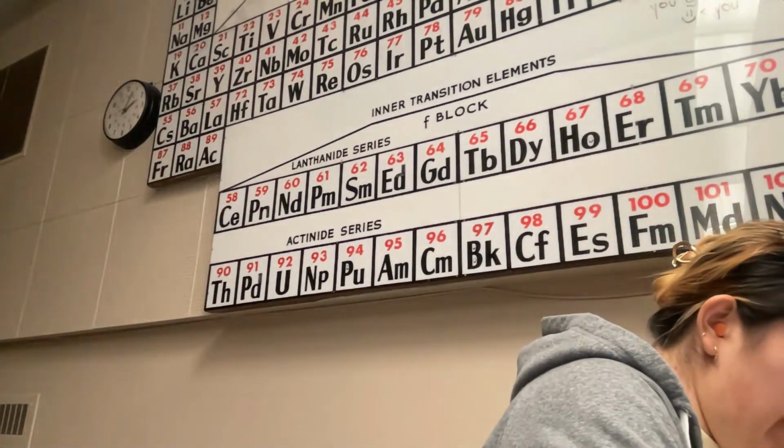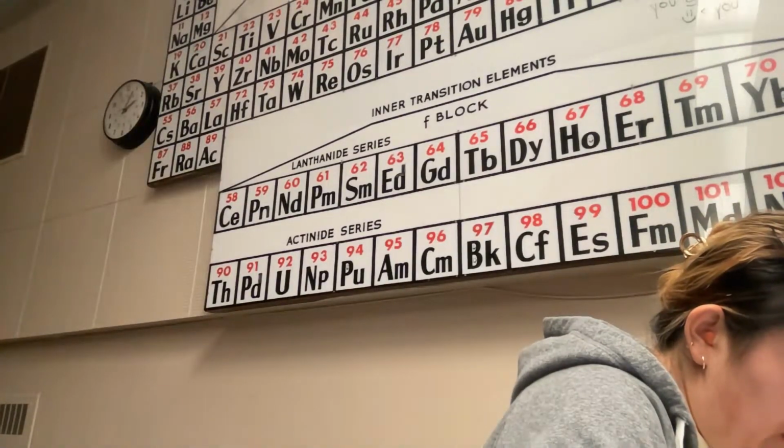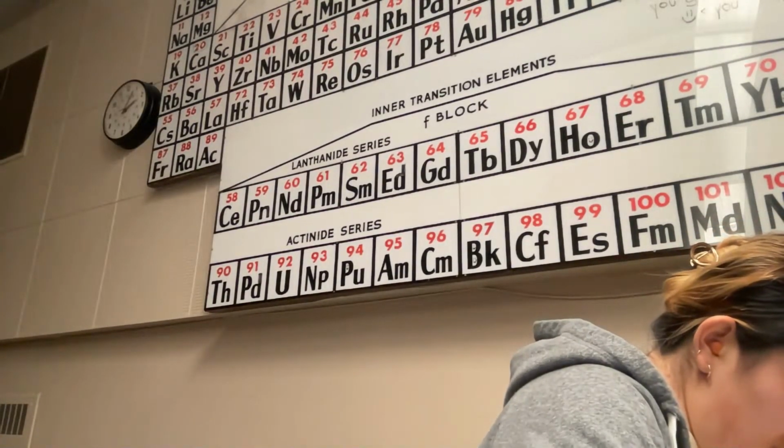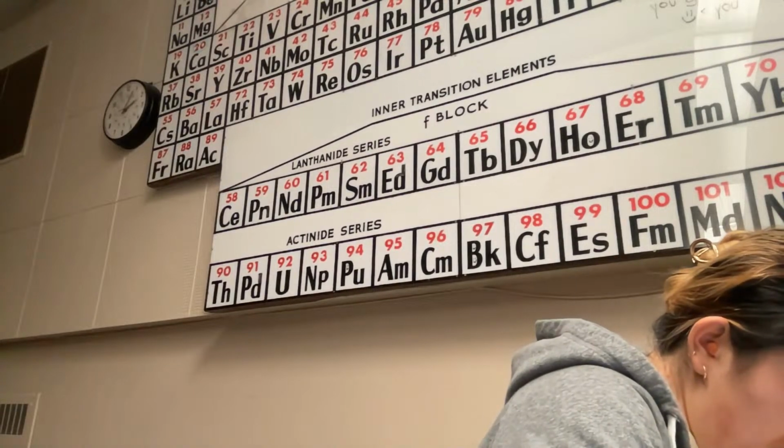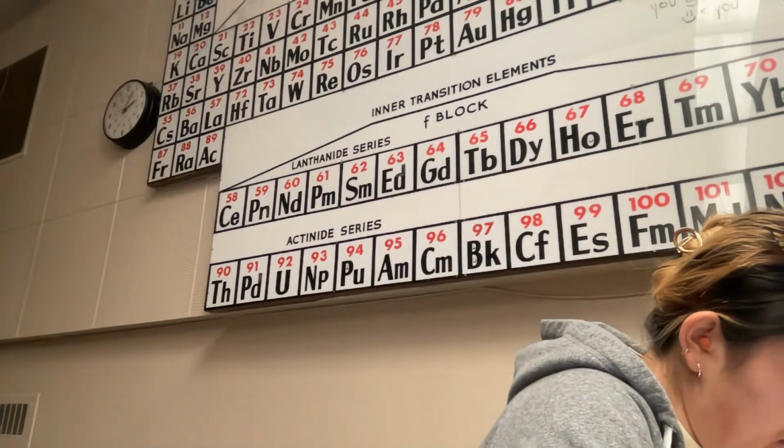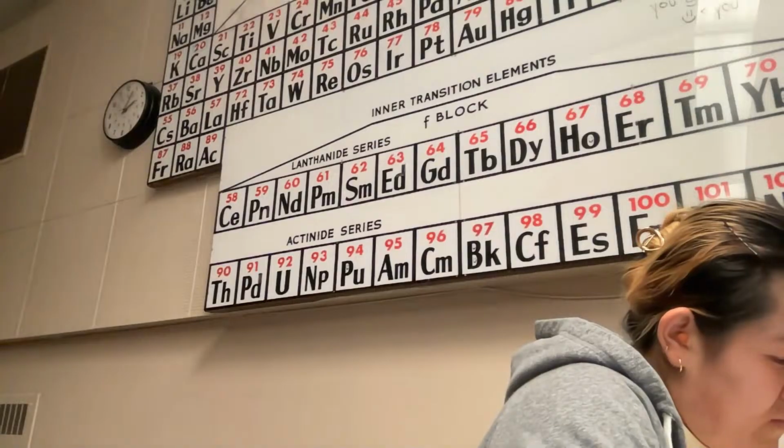So I have SS, RR, RS, SR. I think I have this one saved somewhere. Where's my list? Bookmarks.